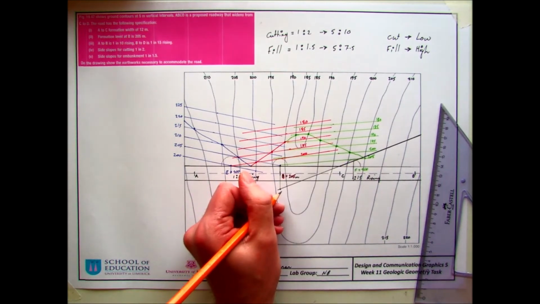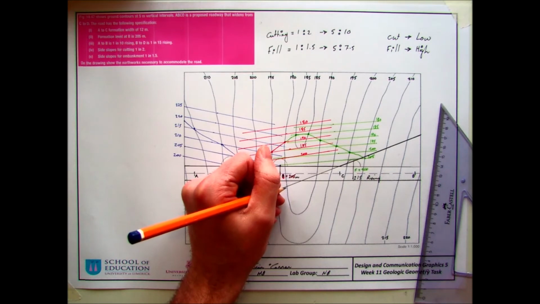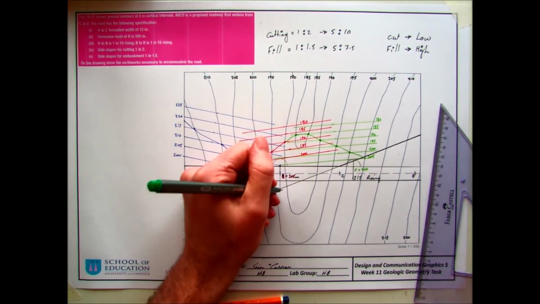I'm just going to call this point A, B, C, D, E, F, G. I'm going to call this G. Change that colour as well. So use a darker green.